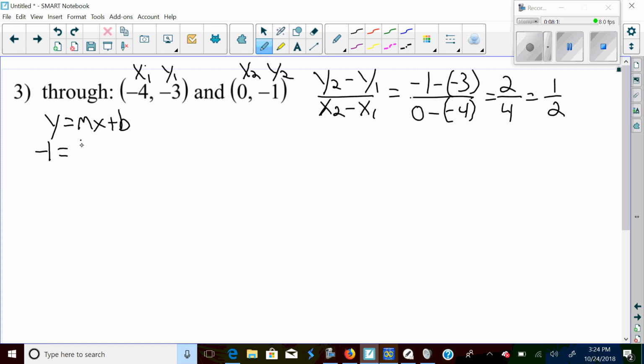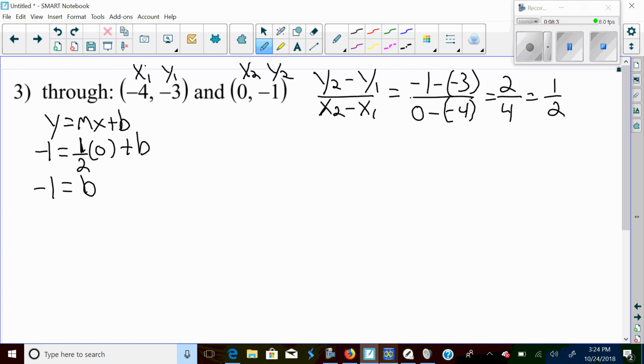Slope is 1/2. And x is 0 plus b. And when I multiply this by 0, that's going to get me 0. So my -1 is going to be equal to b.